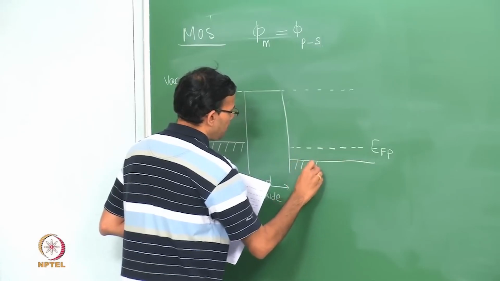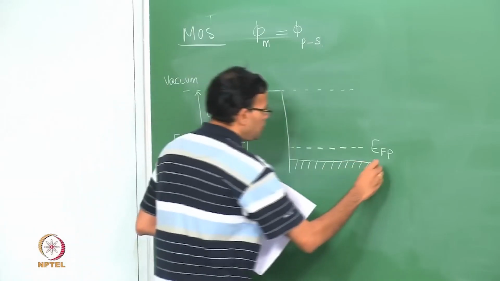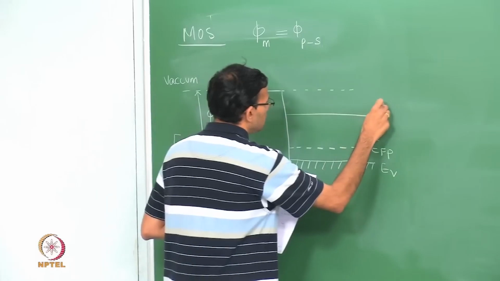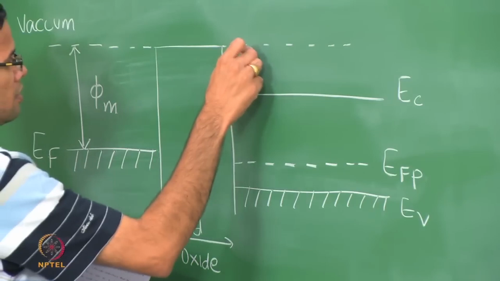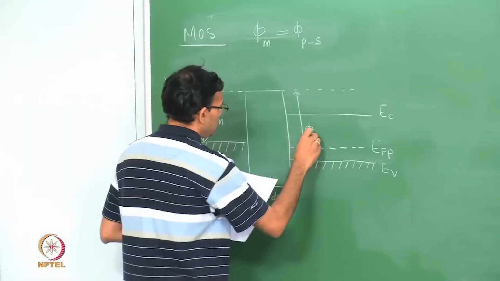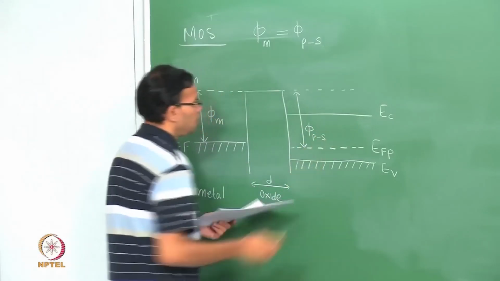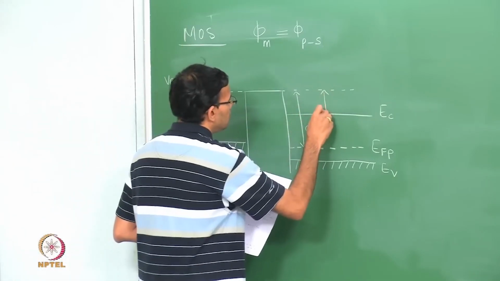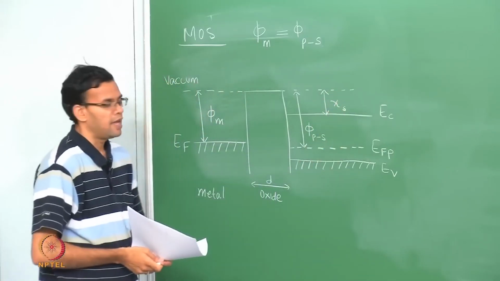So, this is a p type material. So, the Fermi level is close to the valence band, it is EV, and that is EC. So, for the semiconductor this will be my work function, call it psi PS, and then this will be my electron affinity.